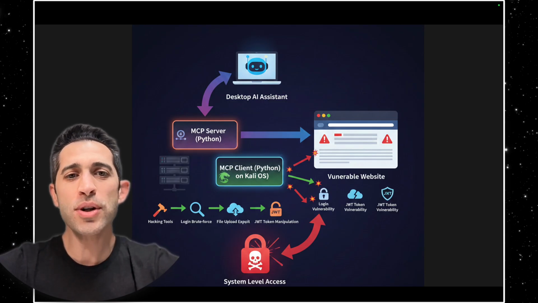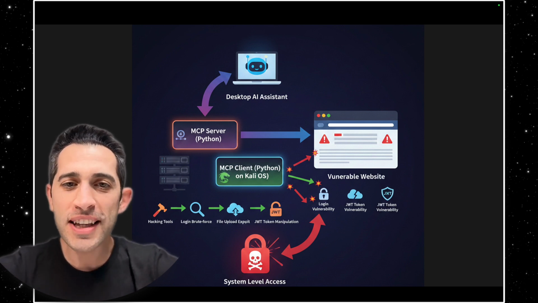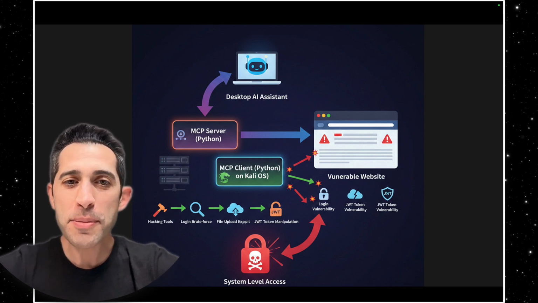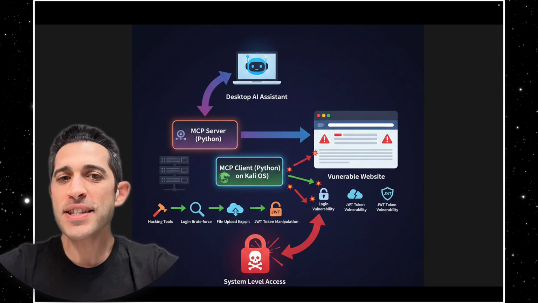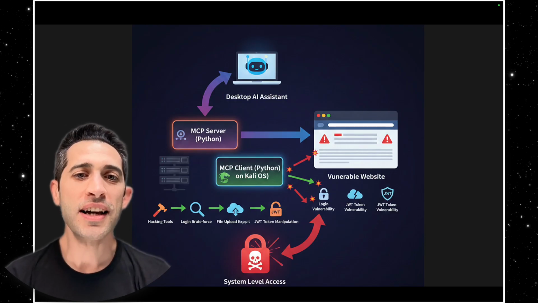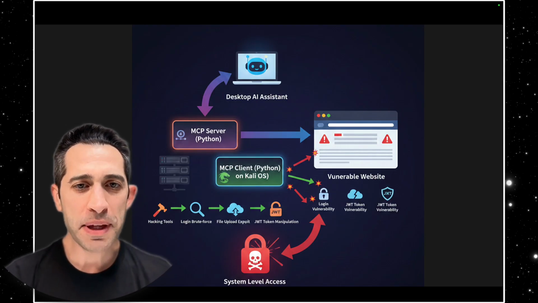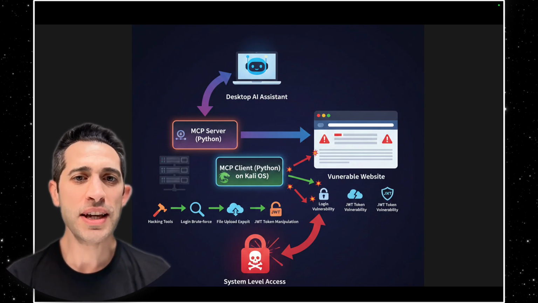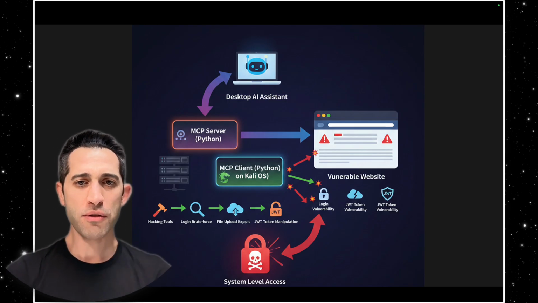We want the MCP client to be as close as possible to Kali because our MCP client will trigger tools, so it is faster to keep the client closer to the tools. The MCP client is also developed in Python. The MCP client and MCP server are a GitHub project, and we will download those components from GitHub.